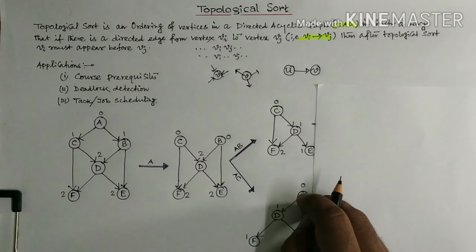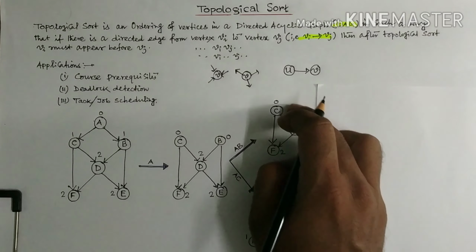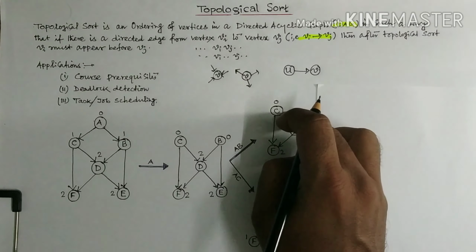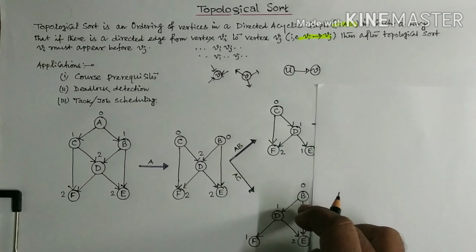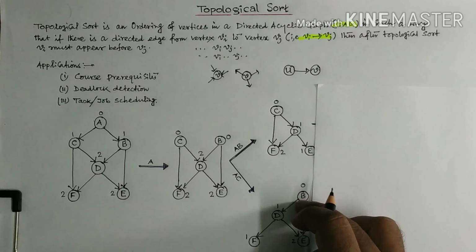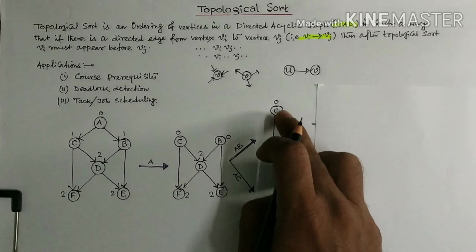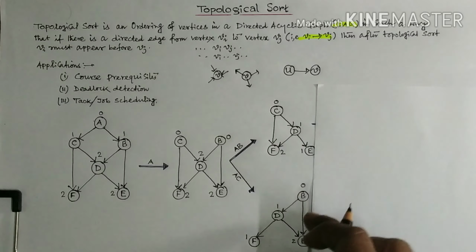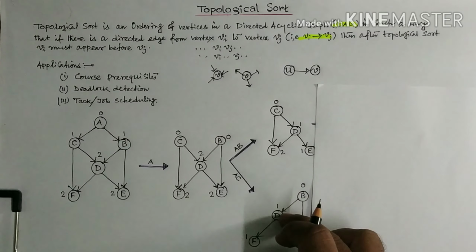Again, update the in-degree of each vertex. Then in this graph, the in-degree of C is equal to 0, and in this graph, the in-degree of B is equal to 0. So in the next step, we will delete C from this graph and we will delete B from this graph.